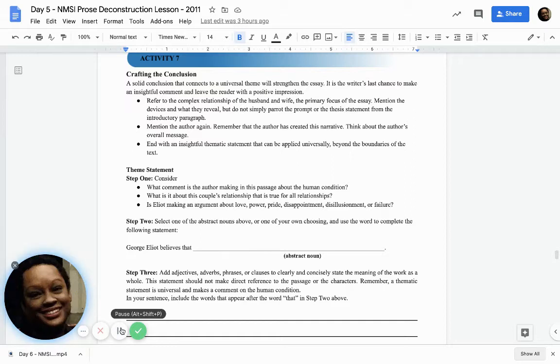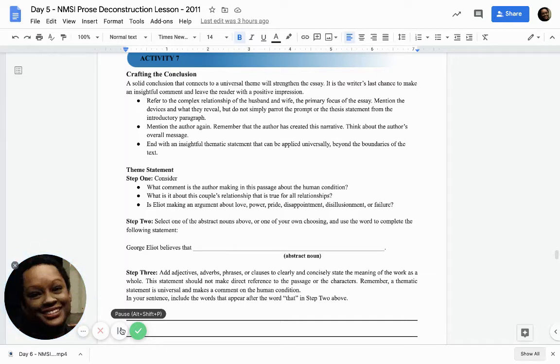The conclusion should always relate to insight into the human condition. So when you're writing your essay for the test that you will take in May, I want you to think about what the work teaches you about the human condition.